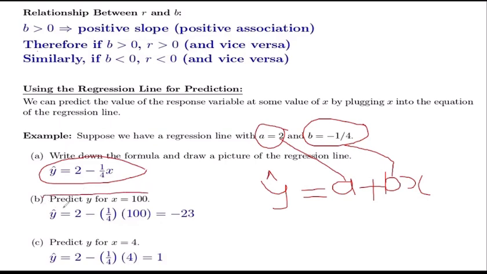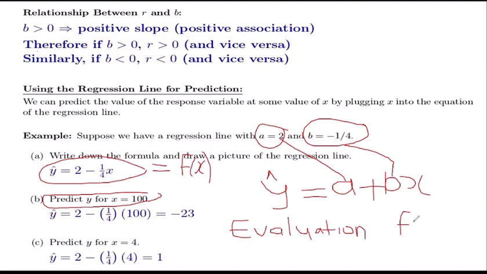A further question said, predict Y for S equal to 100. This is more or less like evaluation in high school. You remember in high school or middle school where they give you a function of S. Y is the same thing as a function of S. So here S equal to 100 means they actually wanted to find f of 100.